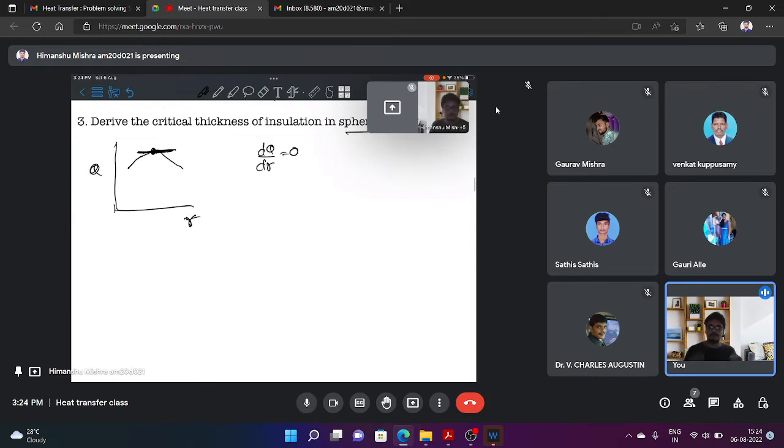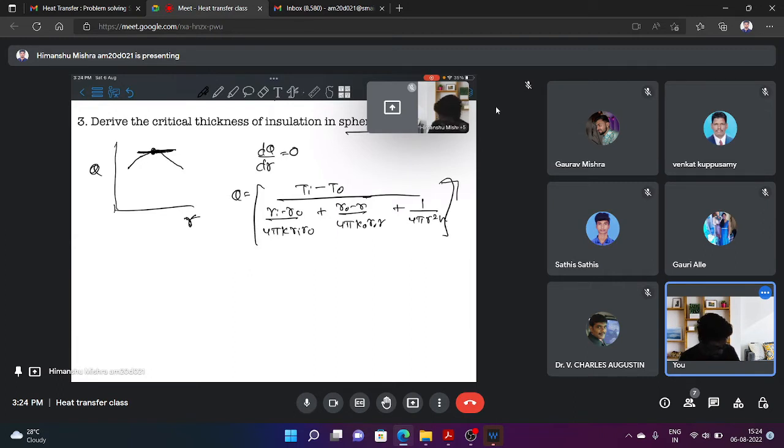And from Fourier's law we can define Q as follows. So this is my convective resistance.